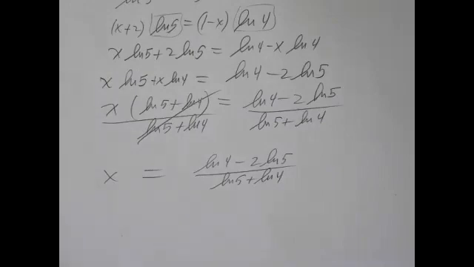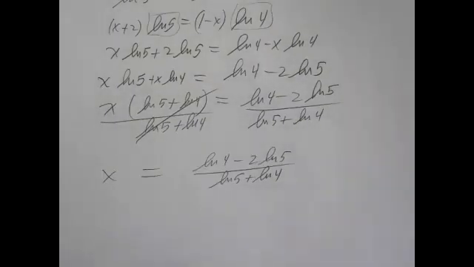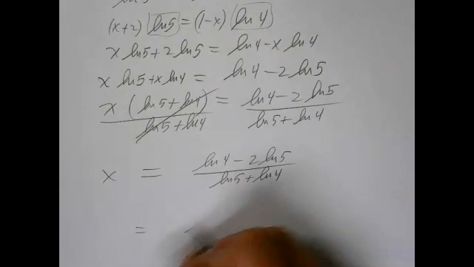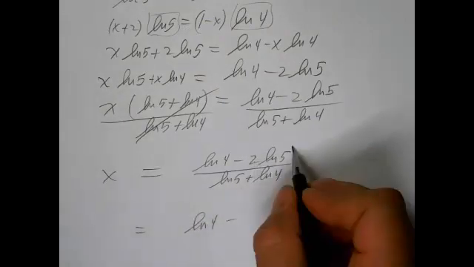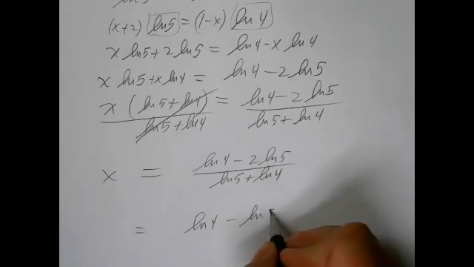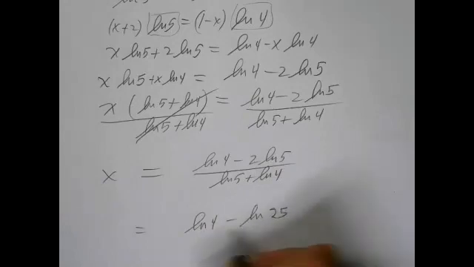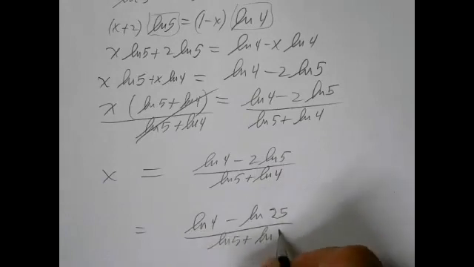Remember the properties of logs. Things can be written in a variety of ways, so expect that. For example, the 2 that's out front can be moved back up as a power, and 5 squared can become a 25. So there's a second way to write the answer.